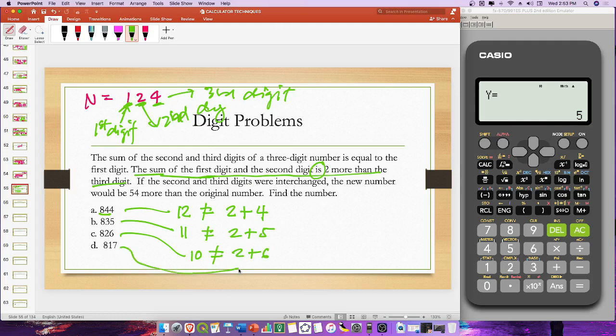How about this? So 8 and 1 is 9, is equal to 2 more than the third digit. Oh, we have an answer here. So 9 is equal to 2 plus 7. That's how you look for the answers using the digit problems.